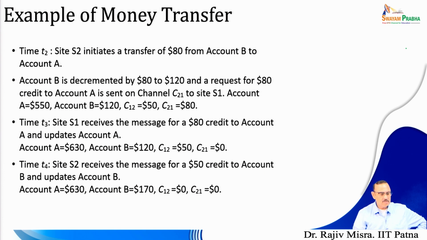Now, at time t2 the site S2 initiates a transfer of $80 from account B to A. Now, let us see about site S2 where B is there, and B is having 200, then in that case site S2 initiates a transfer of $80 from account B to A. So, $80 is to be subtracted and the channel 2 to 1 will be then 80, in that case it will become 120.